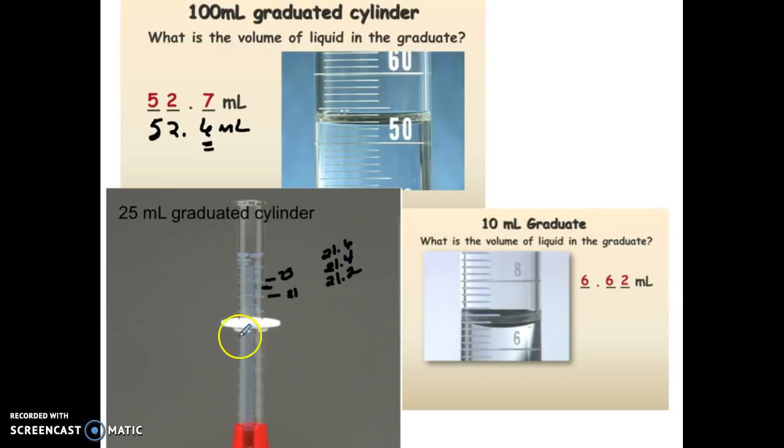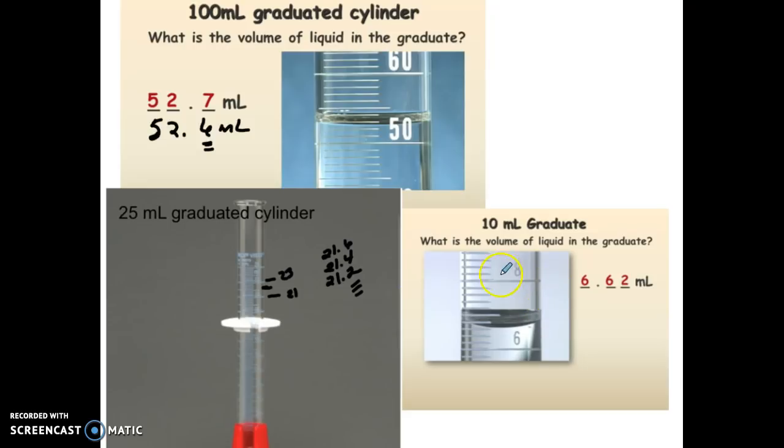So with a 25 mL graduated cylinder, this is your guessing digit, and it can only go up by 0.2s. I kind of cut you a break on that. We don't use the 25 mL graduated cylinder very often in our laboratories.